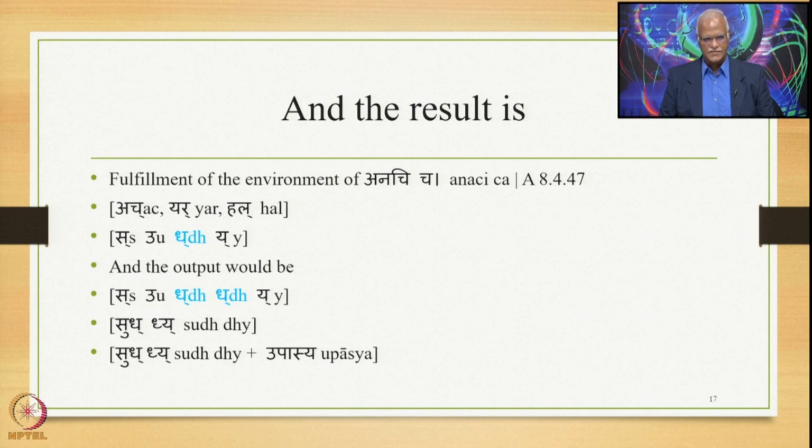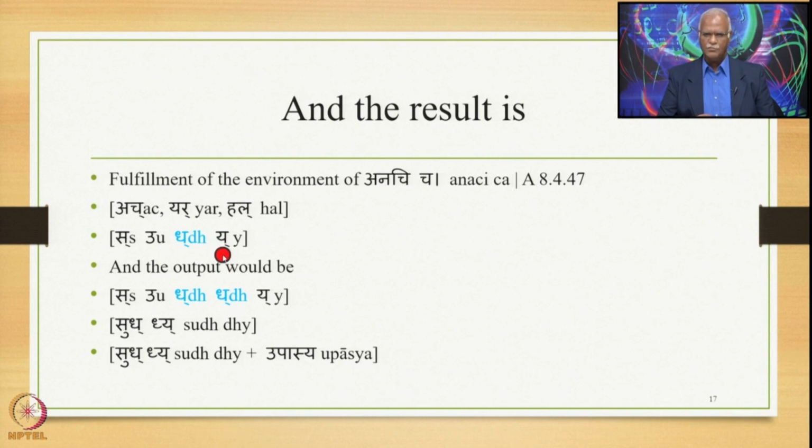And the result is the fulfillment of the environment of anachicha. So we have ach immediately followed by yar, immediately followed by hal. So we have sa, u, dha, ya. This is the ach, this is the yar, this is the hal. There was a danger that this ya be considered as e, like its substituent, that means a vowel, but now analvidhau negates it.